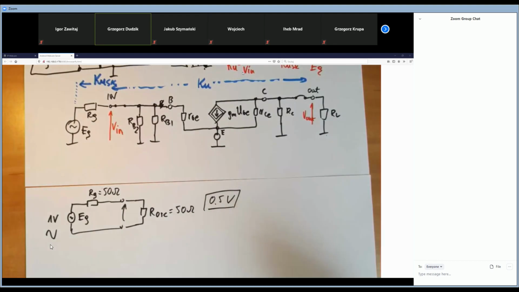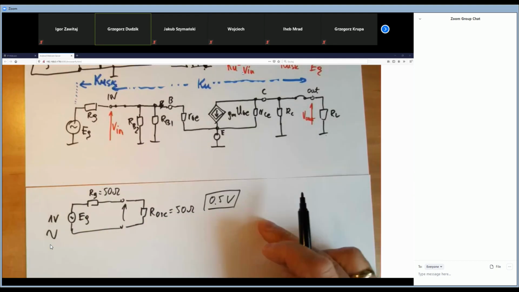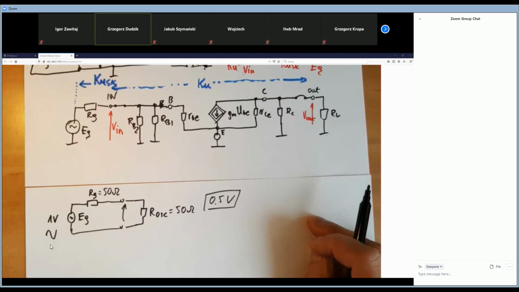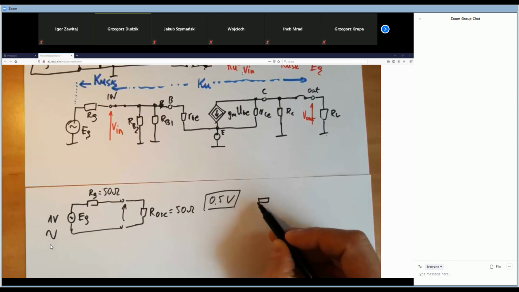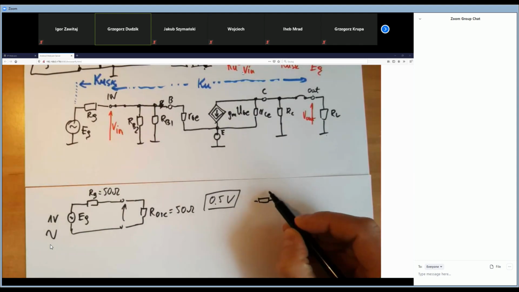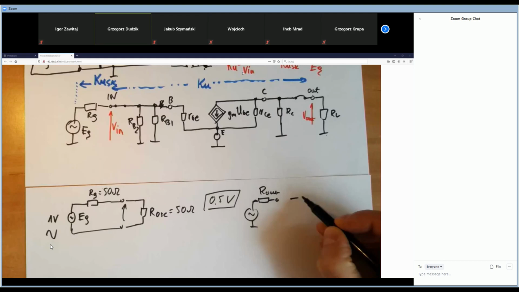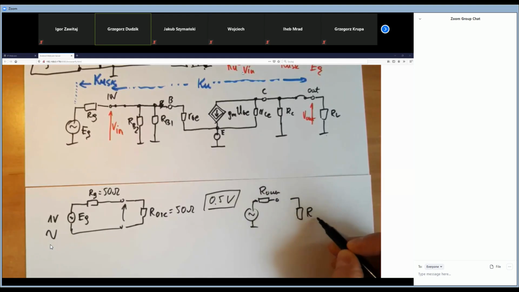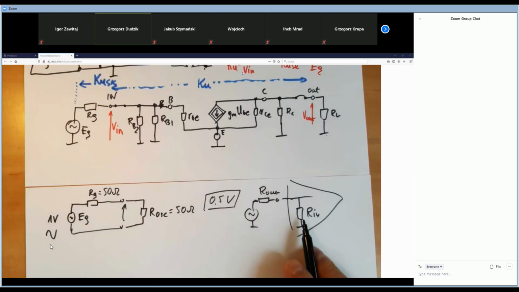So that's why it is sometimes very important, if we want to connect, for example, the stages of amplifiers, to get a very low output resistance and a very huge input resistance. Why?